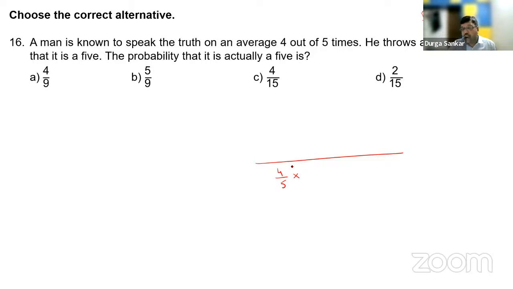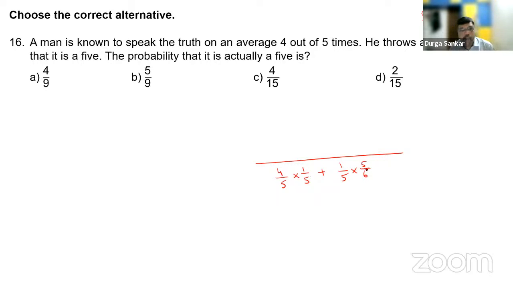When I roll a die, what is the probability that it will show a 5? 1 by 6. Or the man is lying, 1 by 5. The man is lying means it is not 5. So the probability of 5 not showing up is 5 by 6.